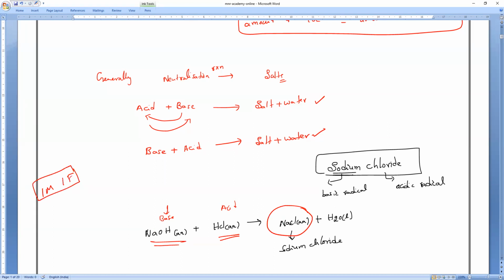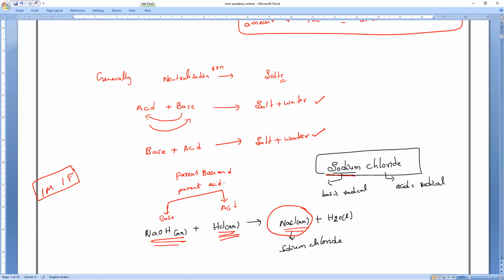The same way here, if you want to get a respective salt, we need one base plus one acid. That is why these two are called parent base and parent acid.